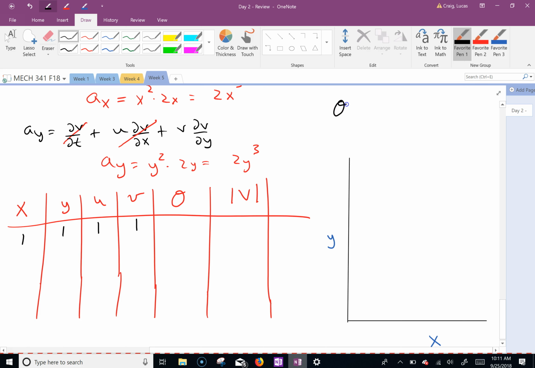The angle is tan to the minus 1 of little v over u. I'll show you that in a second. So the angle is 45 for the first one. And the magnitude of V is the square root of u squared plus v squared, which is radical 2.